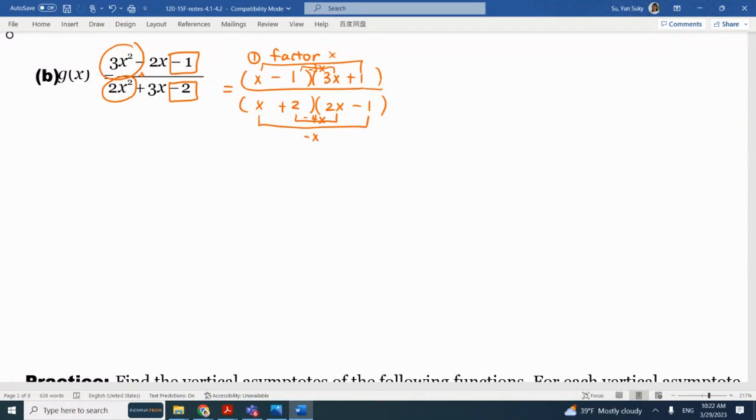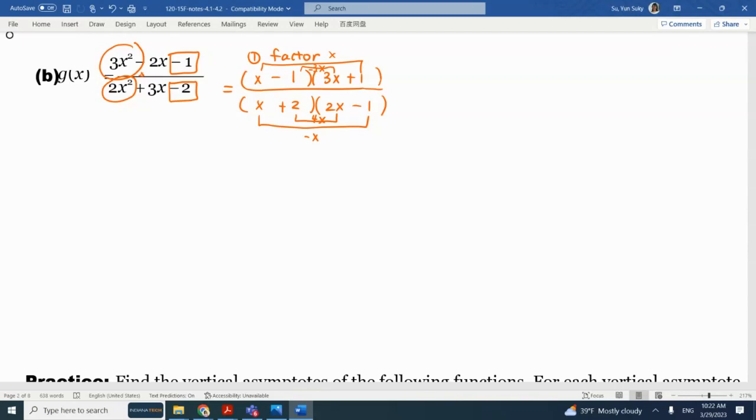Multiply the inside, we get positive 4x. Now when we add them, we get positive 3x, right? Yes. So this is the factoring. Okay, everybody? So if you use other methods, feel free. But if you didn't make a mistake, no matter what method you use, you should have the same answer. Okay, everybody?